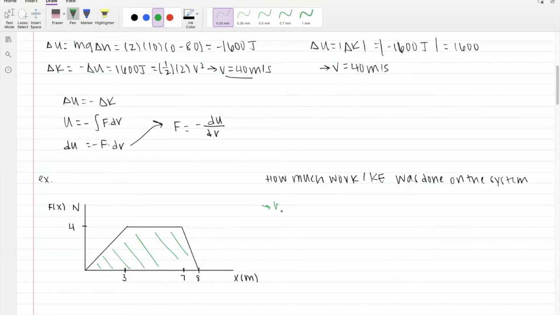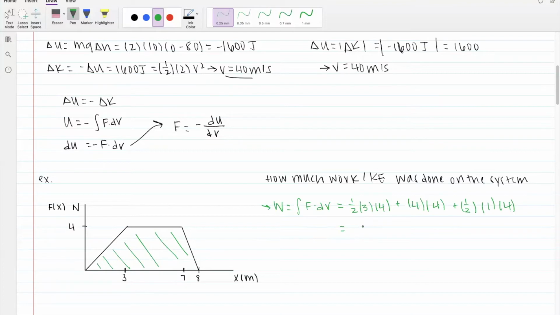So work is equal to F dR, which is equal to, let's do the area of this triangle, 1/2 base, which is 3, height of 4, plus the area of this square, which is 7 minus 3, which is 4, and a height of 4, plus then the area of this triangle, 1/2, 8 minus 7, which is 1, and the height of 4.